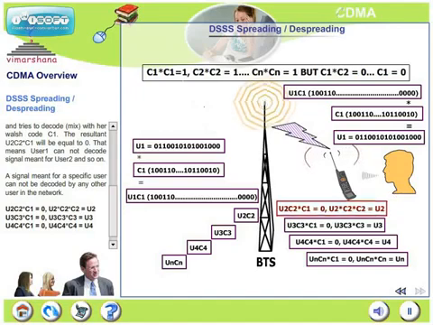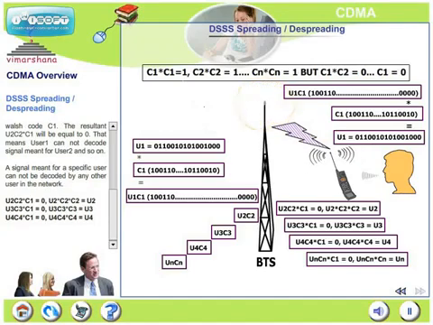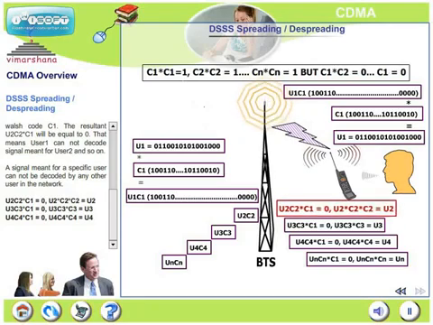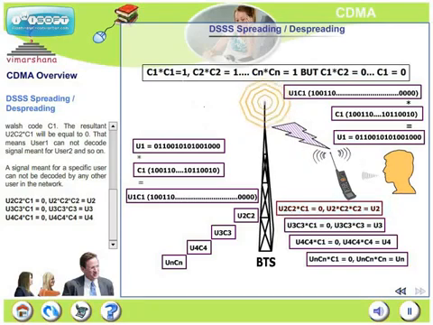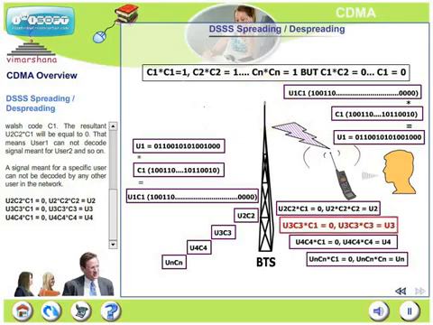That means user 1 cannot decode a signal which is meant for user 2 and so on. A signal meant for any specific user cannot be decoded by any other user in the network. That is the principle of this. U2 C2 multiplied by C1 will be 0. U2 C2 multiplied by C2 itself will be U2. U3 C3 multiplied by C1 will be 0, whereas U3 C3 multiplied by C3 itself will be U3 and so on.